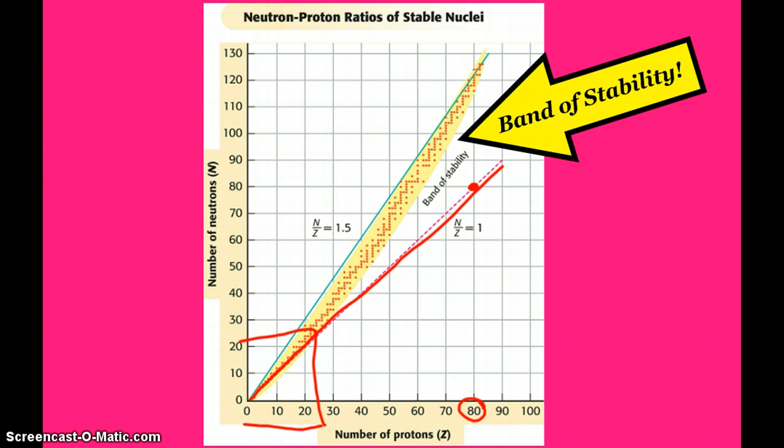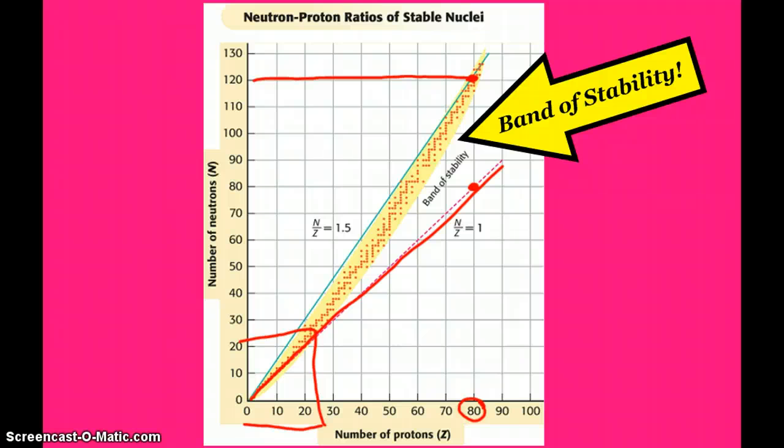That's not stable. When you have that many protons in a small spot, they're all positive, like charges repel, you need more neutrons in the mix in an effort to maintain stability. So the band of stability is way up there, so 120 neutrons for mercury is stable, and that's why mercury's atomic mass is around 200.